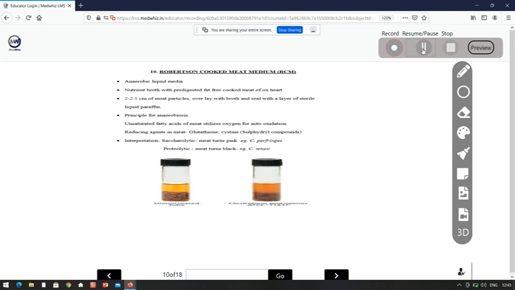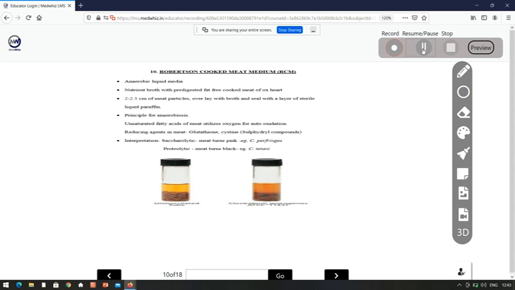It is a nutrient broth with pre-digested, fat-free cooked meat of ox heart. 2 to 2.5 centimeters of meat particles are seen in this medium. There is an overlay of broth and a seal with a layer of sterile liquid paraffin.